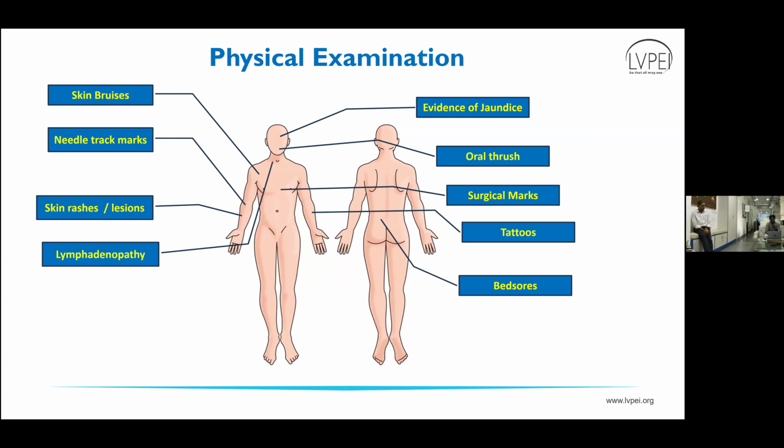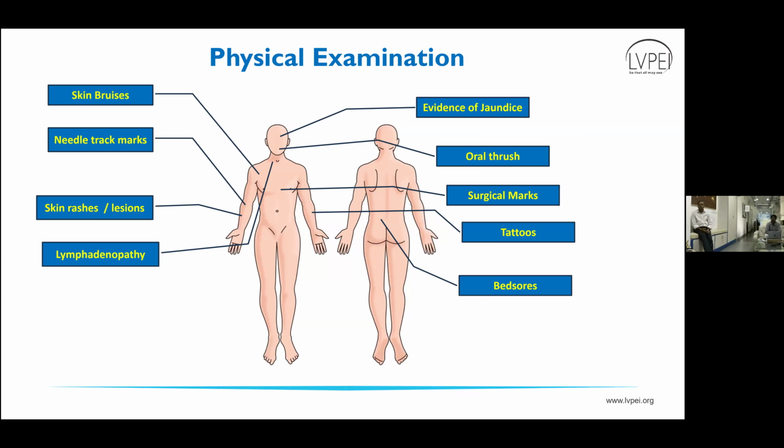For example, if you find any needle track marks, you can go back to the family members and ask what happened to these needle tracks. Was there any infusion or transfusion? Was the patient admitted to any hospital for any reason?